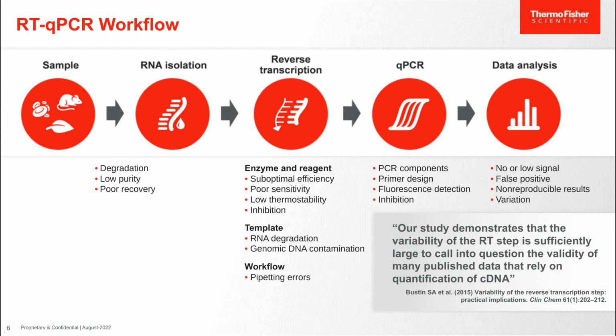In the initial phases of the workflow during sample collection and extraction, you might face a number of different issues like RNA degradation, low purity, and low yield, all of which affect RT-qPCR data.